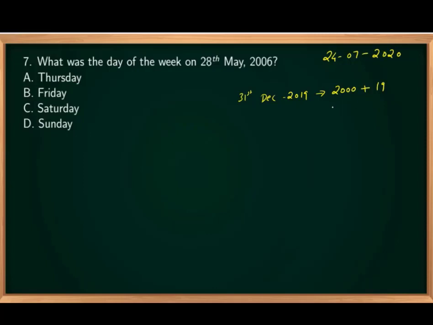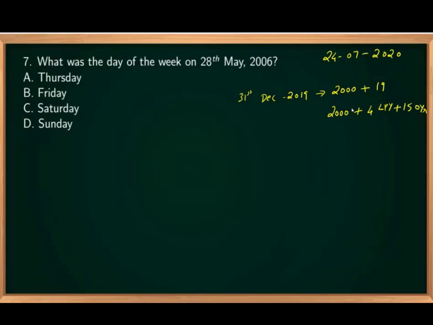That means 2000. I took this 2000 since it is the nearest multiple of 400. So 2000 plus 4 leap years plus the remaining 15 ordinary years. 19 minus 4, 15 ordinary years. I already told you that the number of odd days in the first 400 years is equal to 0.